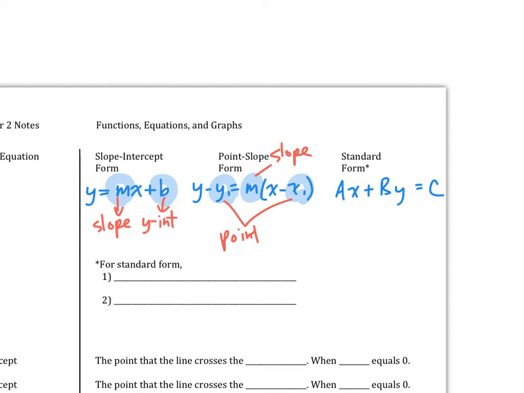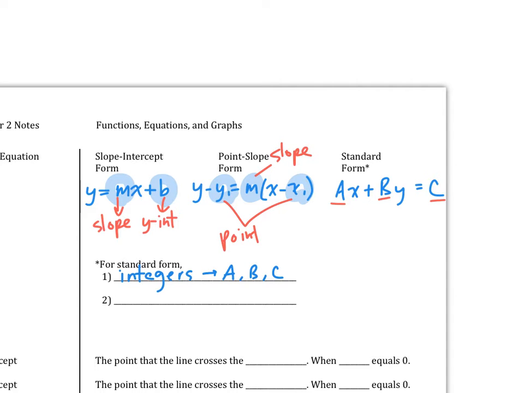The third one is called the standard form. Now, standard form has 3 letters, A, B, C, and we're going to talk about that. In the standard form, A, B, C represent integers. So A, B, C have to be integers.